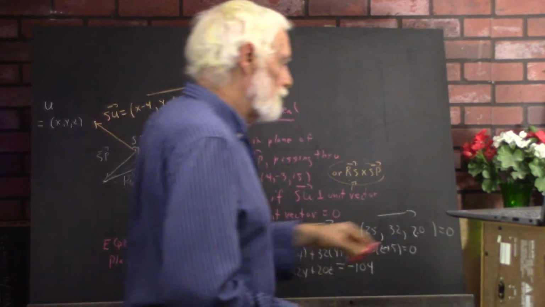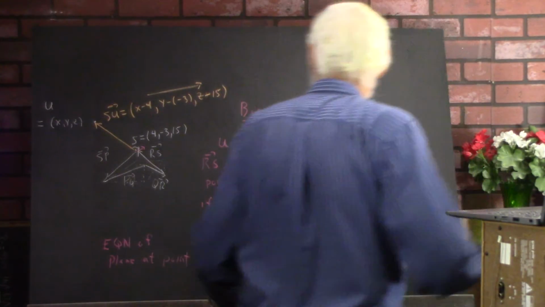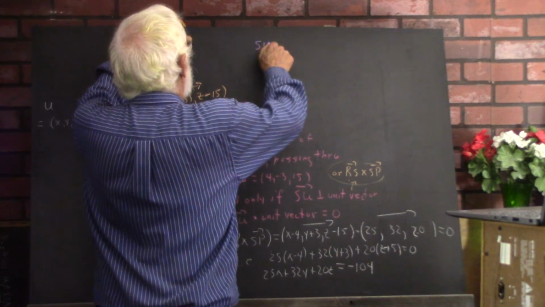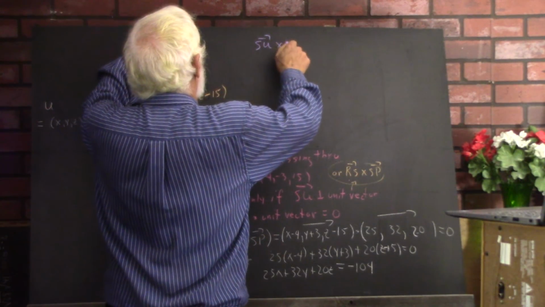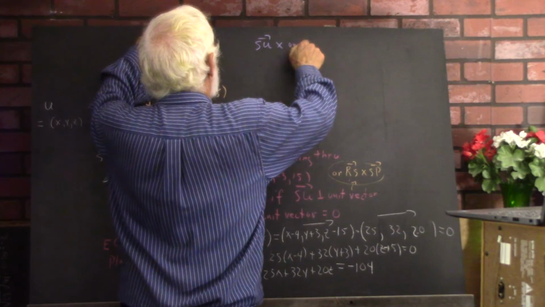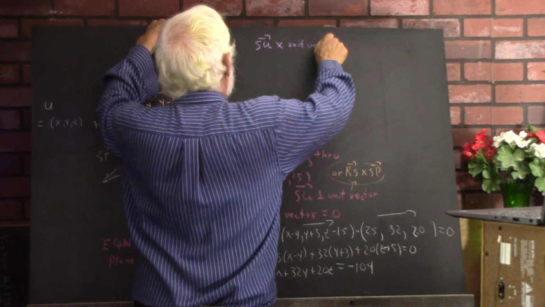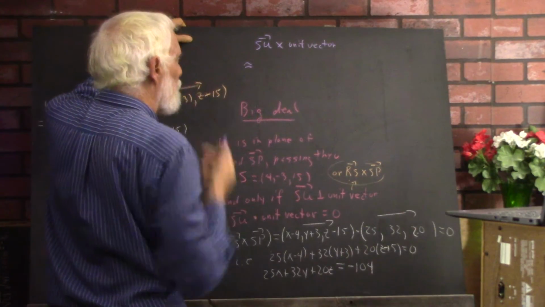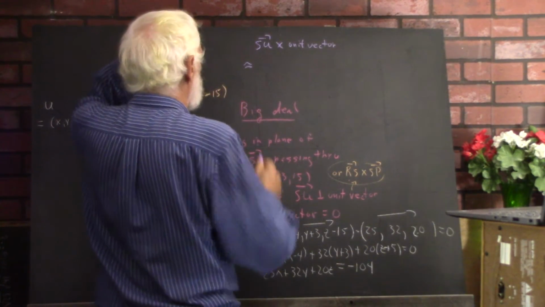I could, and I'll do it real quick up here, I could have done SU dotted with the unit vector, but I can only approximate that because I only approximated the unit vector.